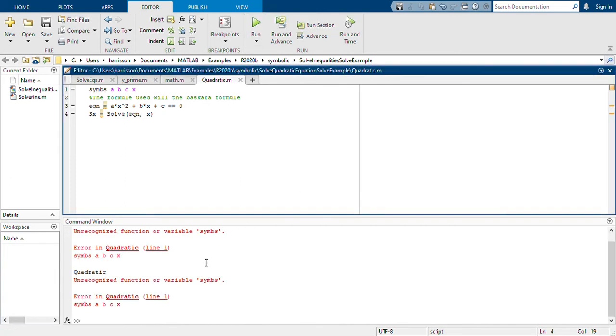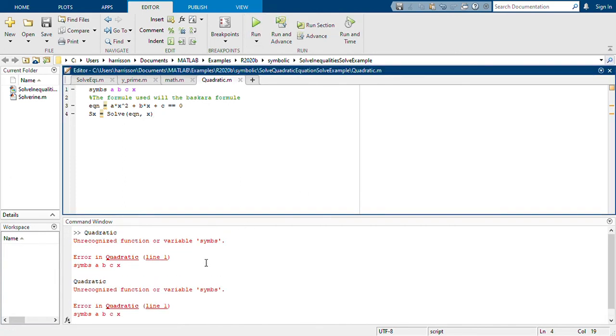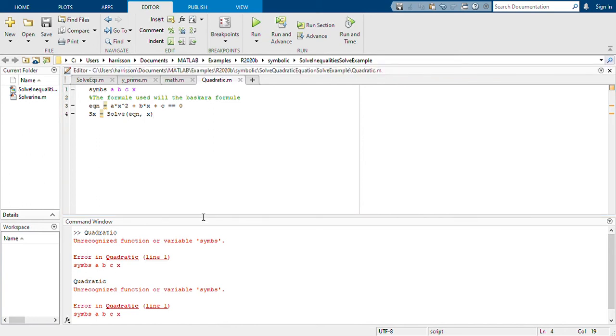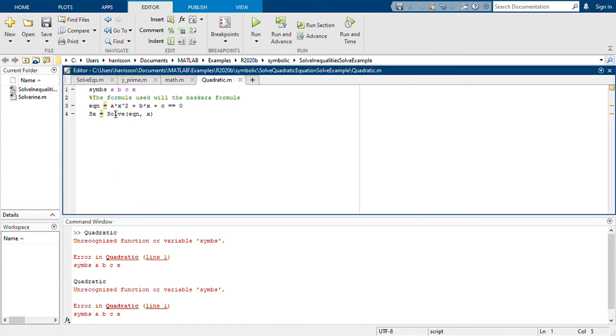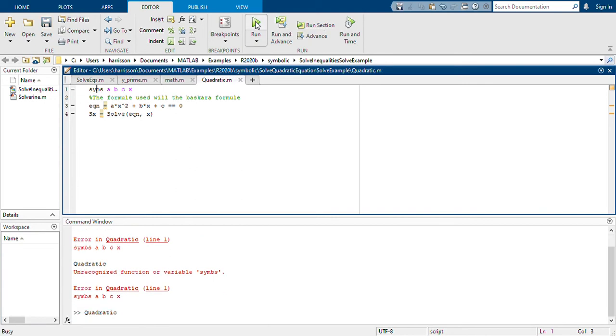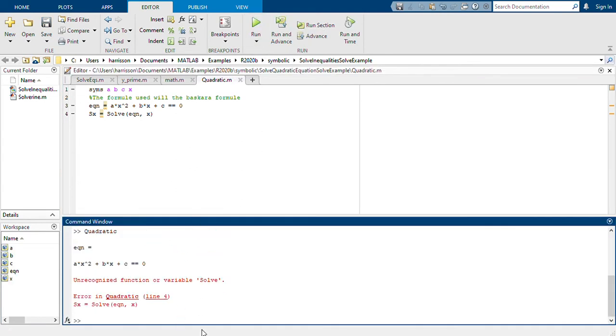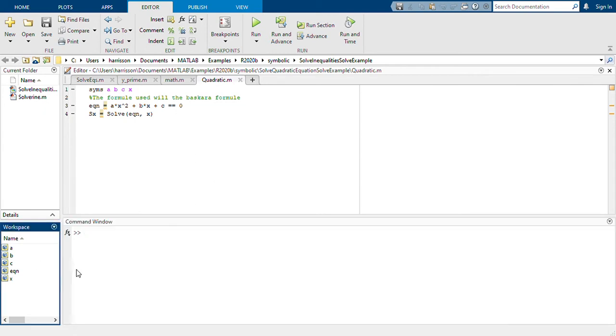Okay, something was wrong. An error happened here. Let's investigate what I have done. Sorry, the symbols command doesn't have the b. Let's clear the command window and clear the workspace.